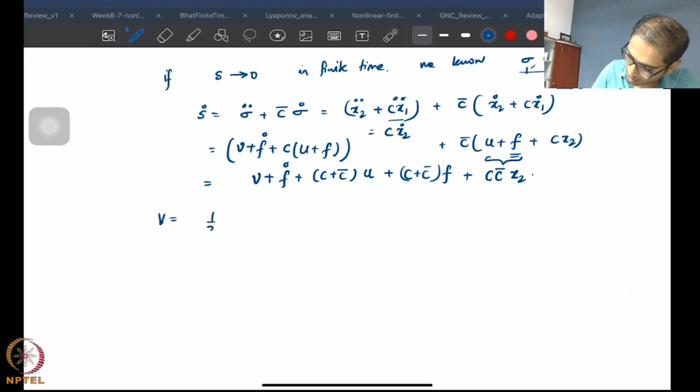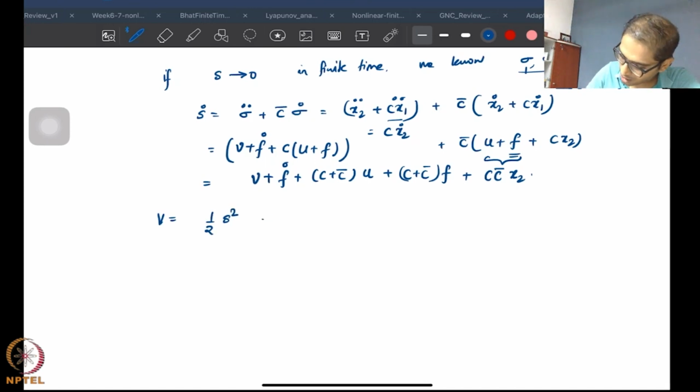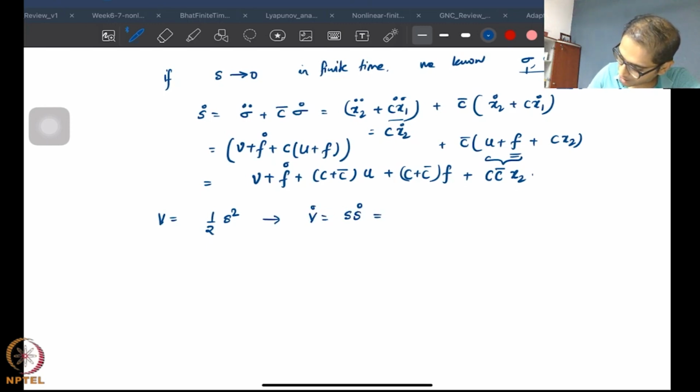Now if I want s to go to 0 in finite time, what would I do? I would take V as 1/2 s square, just like before, and compute V dot as s times s dot, which is s times this whole thing: v plus f dot plus c bar f plus u plus c bar x2.